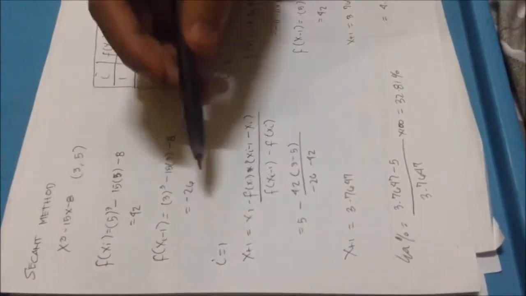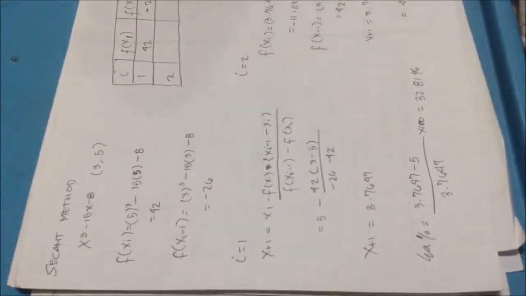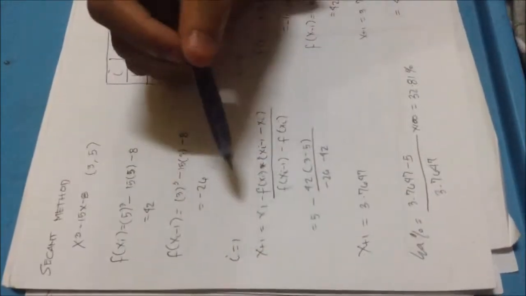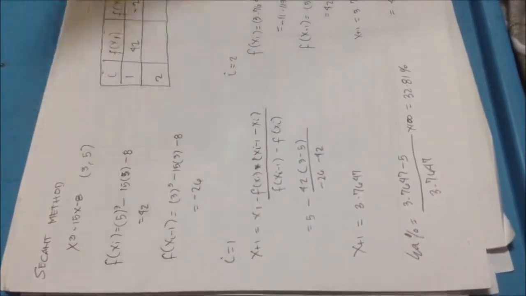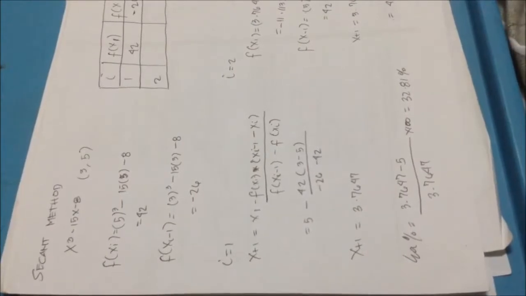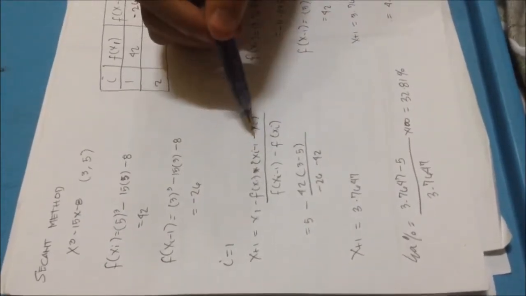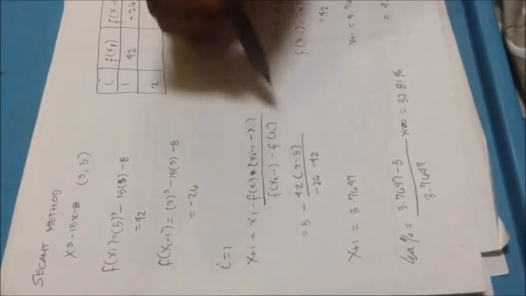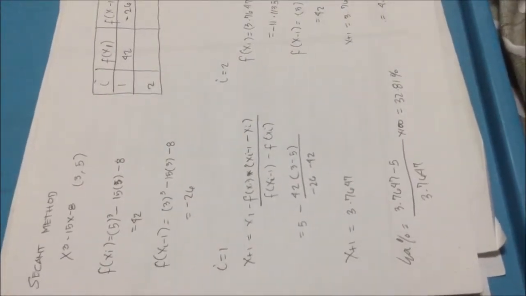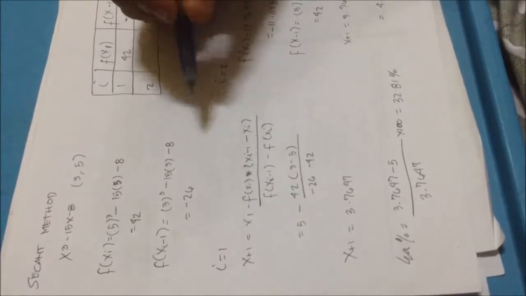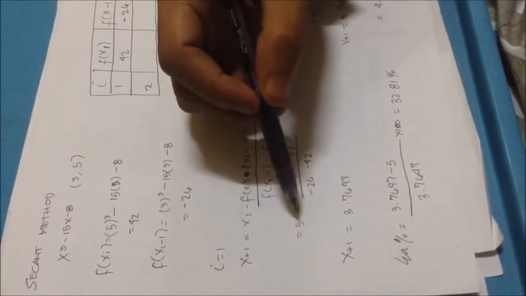So for iteration 1, to get the value of x sub i plus 1, just substitute into the formula, which is x1 minus f of x sub i multiplied by x sub i minus 1 minus x sub i over f of x sub i minus 1 minus f of x sub i.